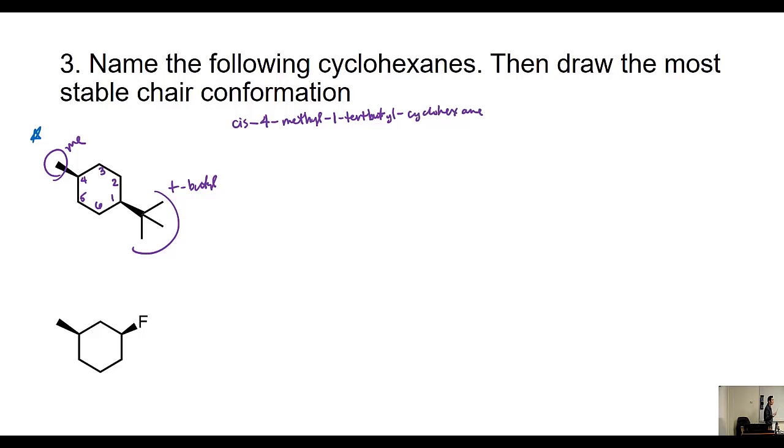For now, cis and trans only works when you have only 2 substituents. There are a lot of rules, so we simplified a lot. Don't worry about it right now. Just remember when you have rings and you have 2 substituents, you need to indicate cis or trans.